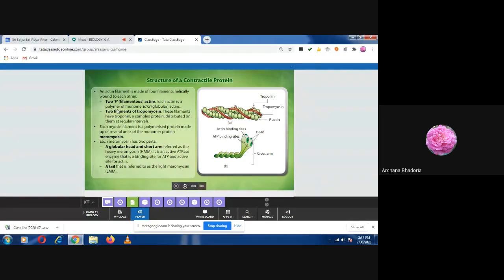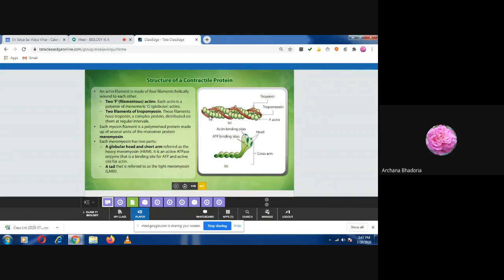Now the actin filament, which is a thin filament, is made up of four filaments helically wound. Can you see this helically wound? Like a rope, wound over one another. So two F filaments and two filaments of tropomyosin. Now see, each actin is a polymer of G actins.